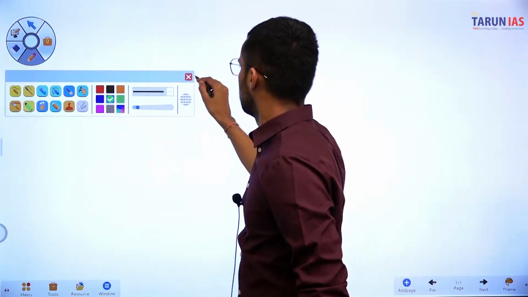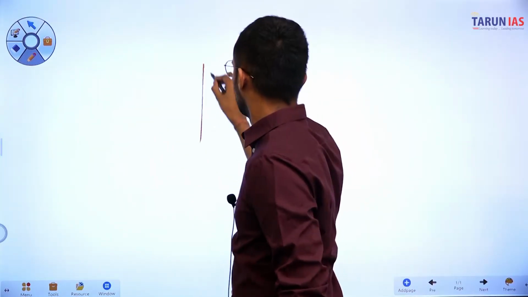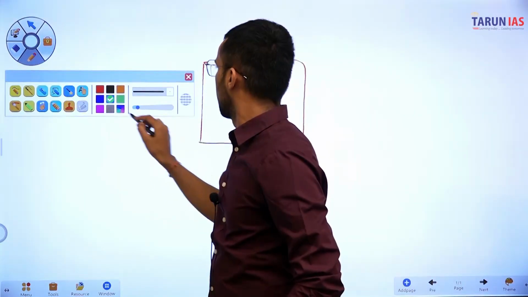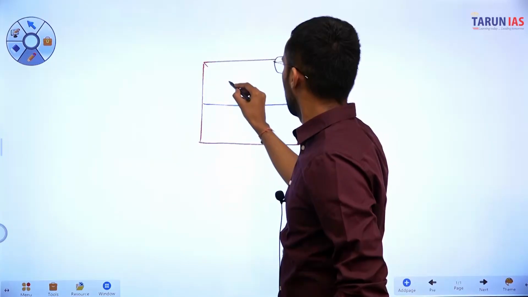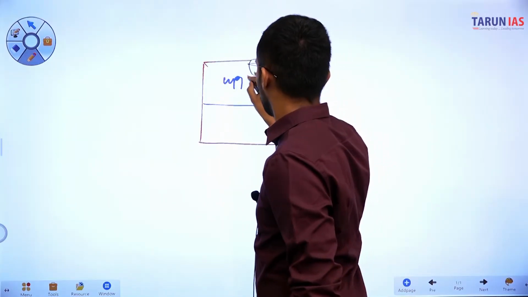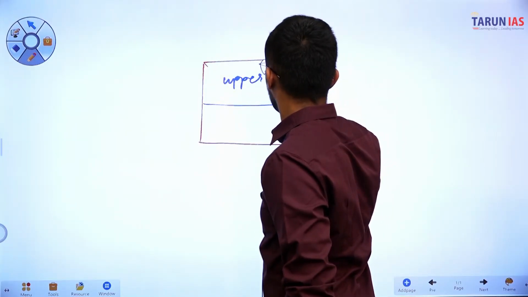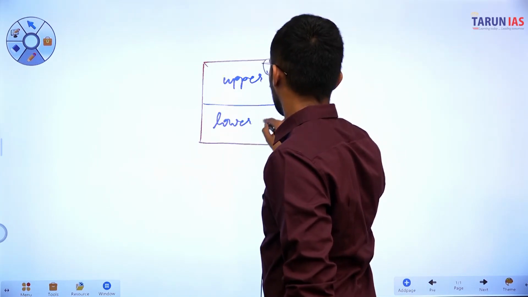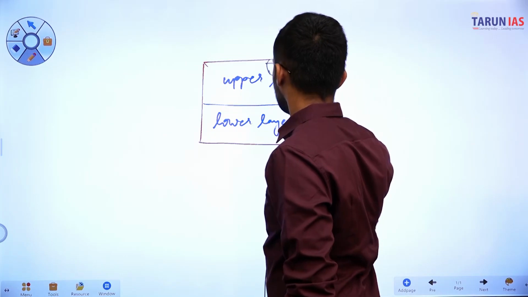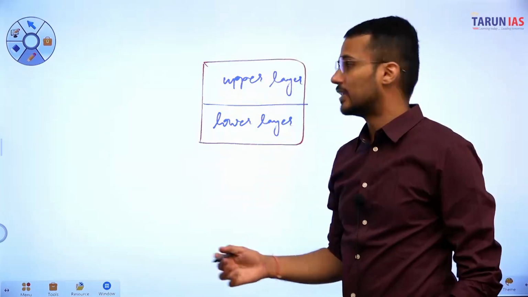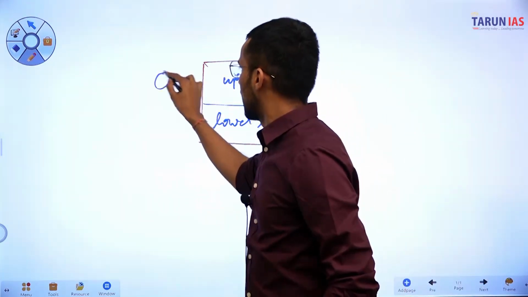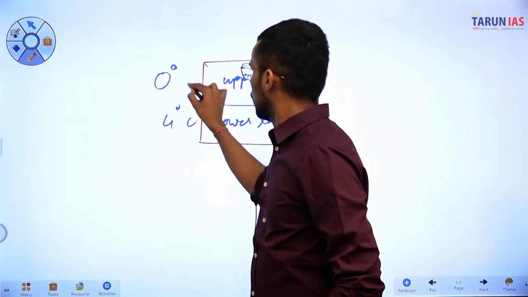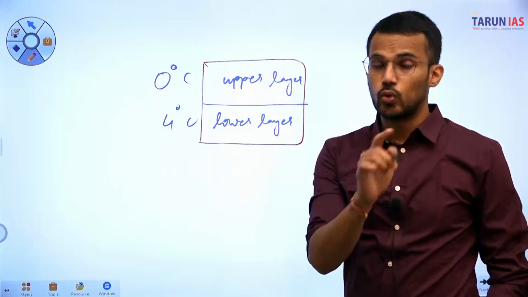Now, let us consider another stage. So, in this stage, we have again two layers, upper layer of water and lower layer of water. And let us consider that this upper layer is at 0 degrees Celsius and this lower layer is at 4 degrees Celsius.